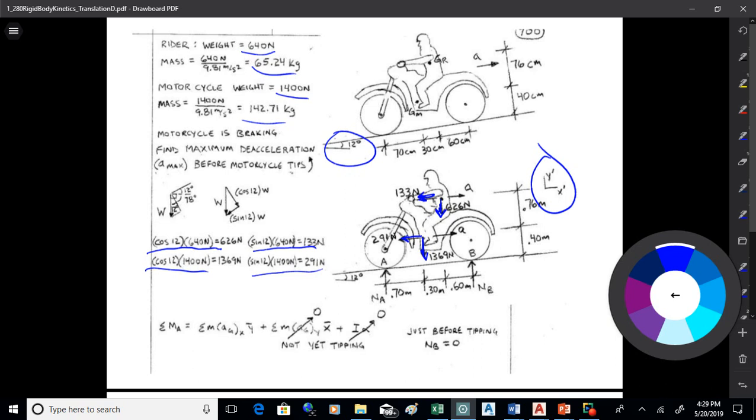Okay. And then we can set up an equation here to describe this. Sum of M_A is M·AGX·Y bar plus M·AGY·X bar plus I·alpha. Now the alpha and the AGY are both zero because the thing isn't tipping yet, so there's no Y acceleration and no alpha.